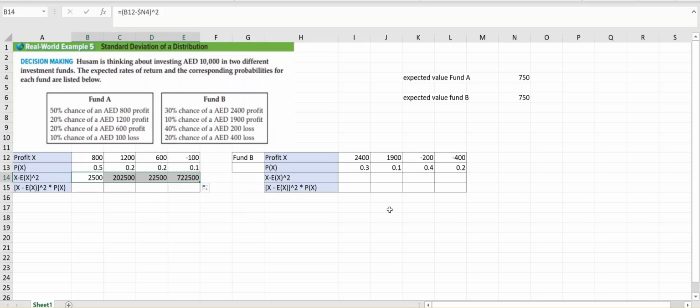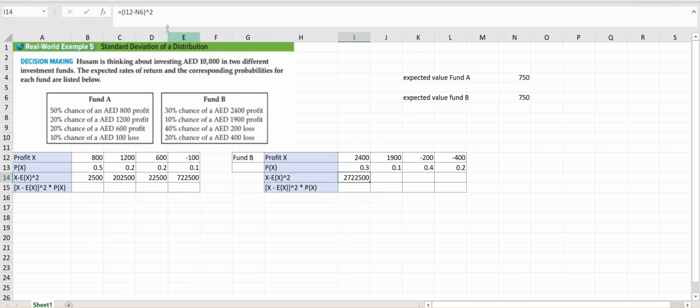We're going to do the same for Fund B. If I go to this column, we put equals, bracket, x, minus the expected value of B, bracket, and then squared.